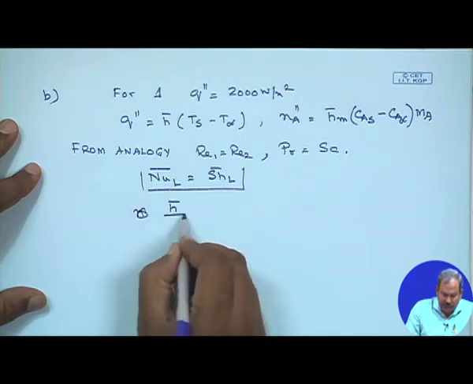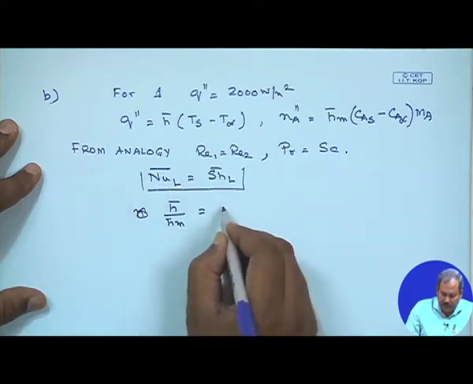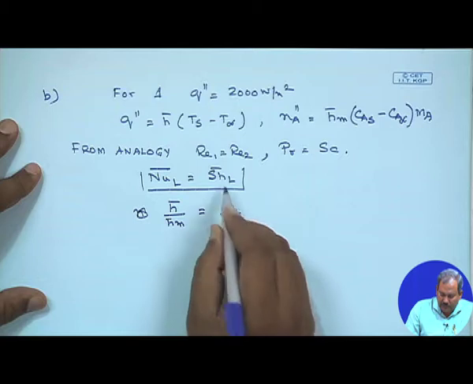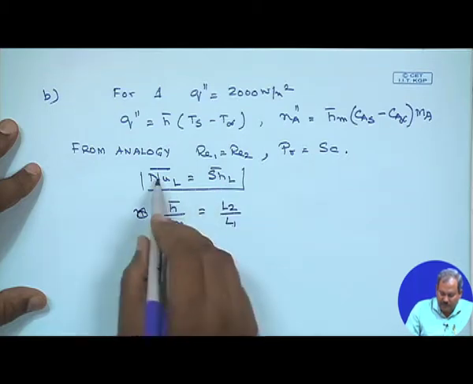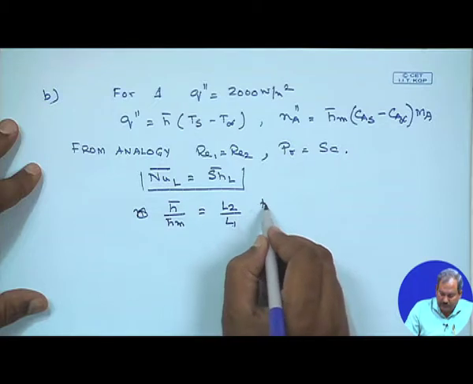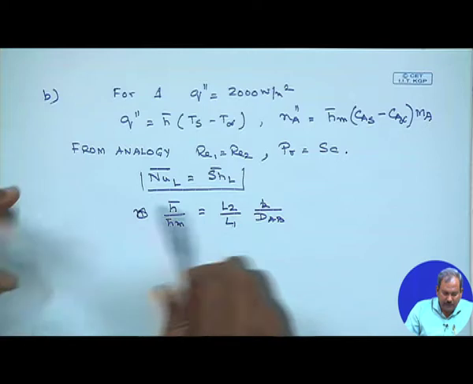So, H bar by H bar m is equal to L2 by L1, where L2 refers to the mass transfer case and L1 refers to the heat transfer case, times K by D_AB.